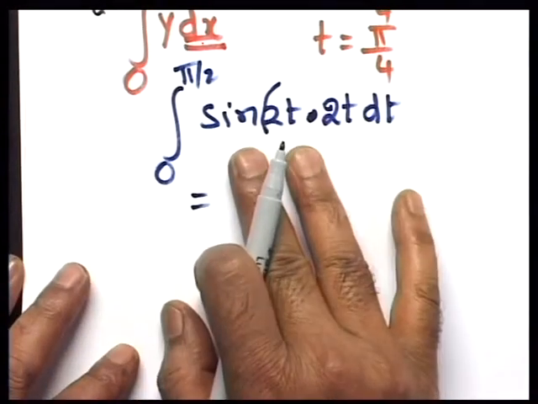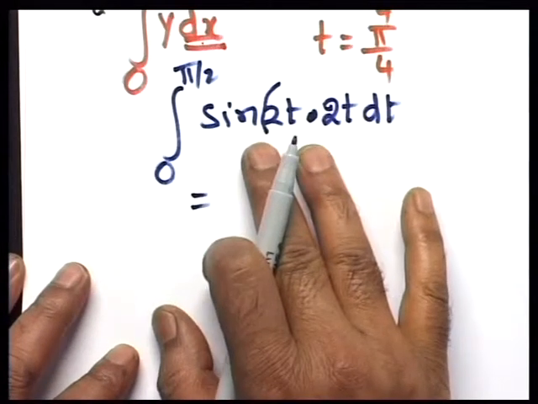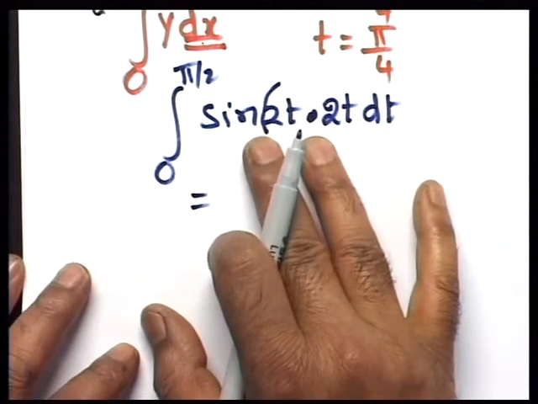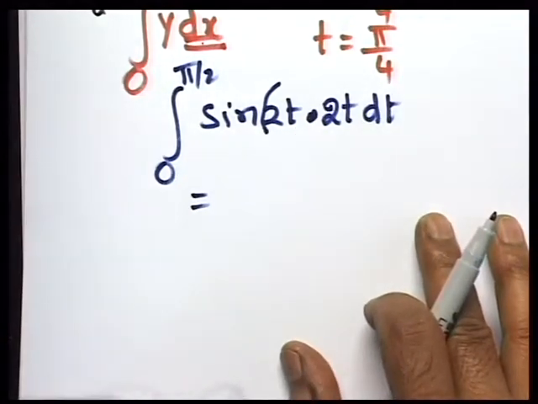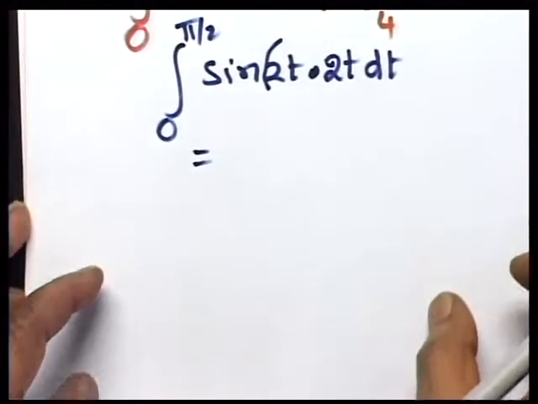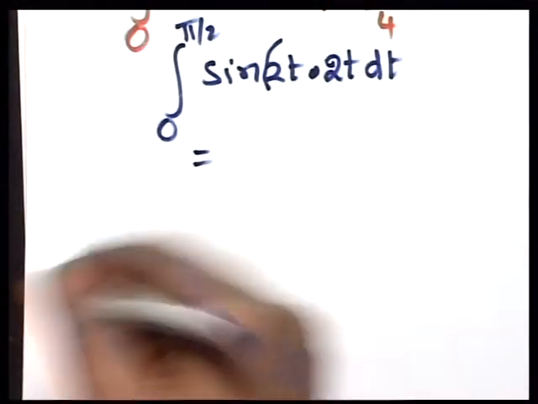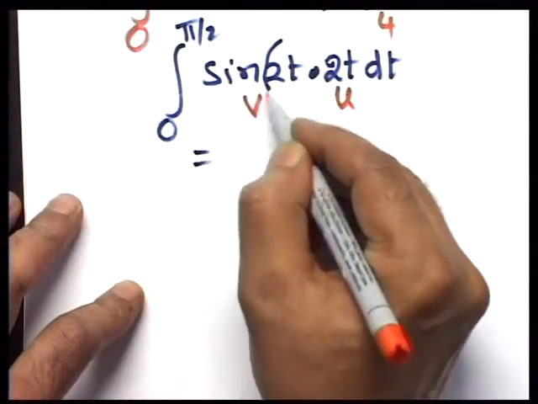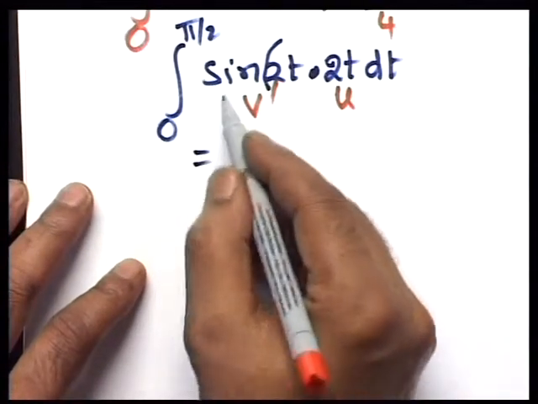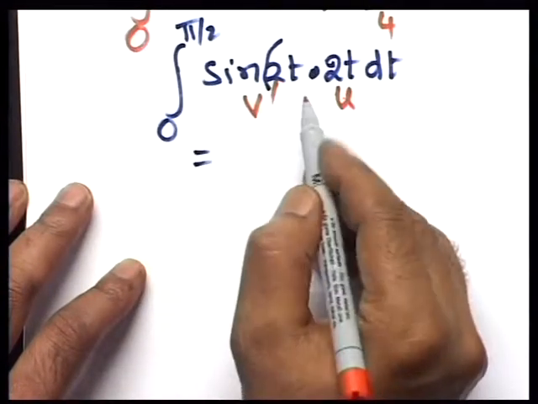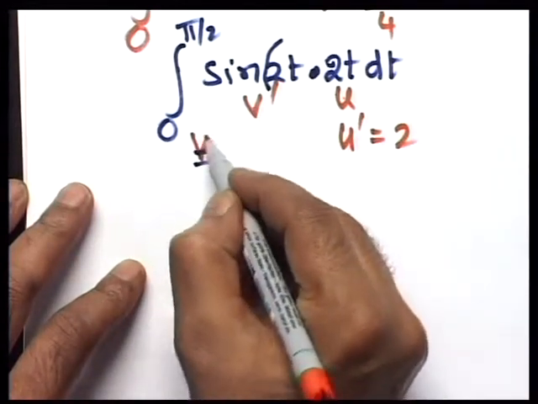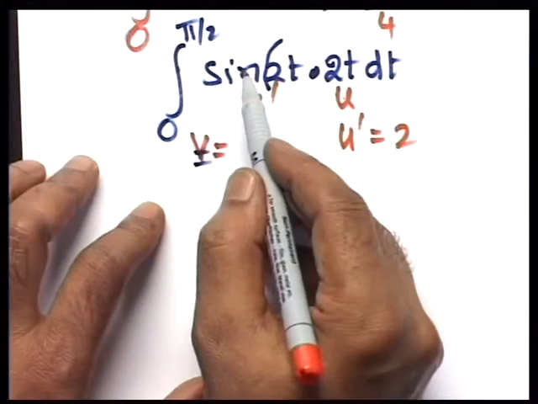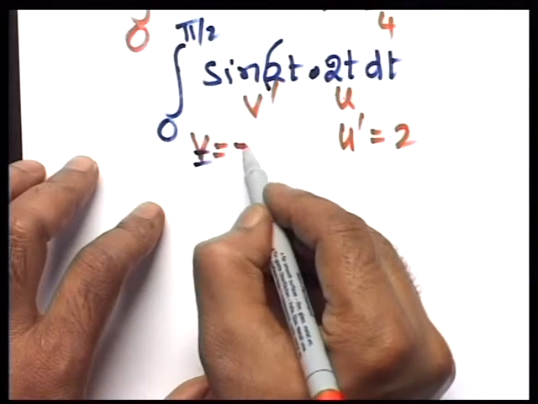Integration by what? By parts it is. Let's call this u and that v dash. So the question looks like integrate u v dash. So u dash should be 2, and v should be, you integrate sine theta, you get minus cos theta.